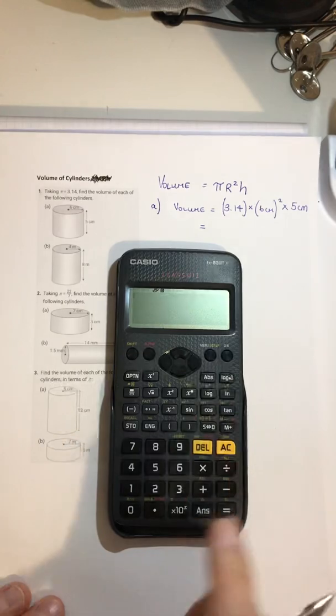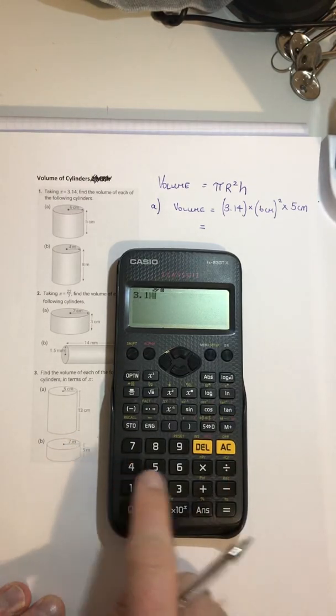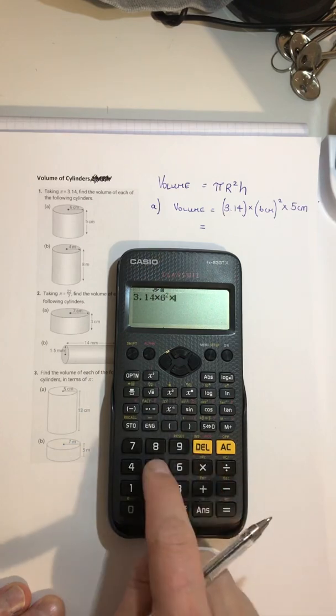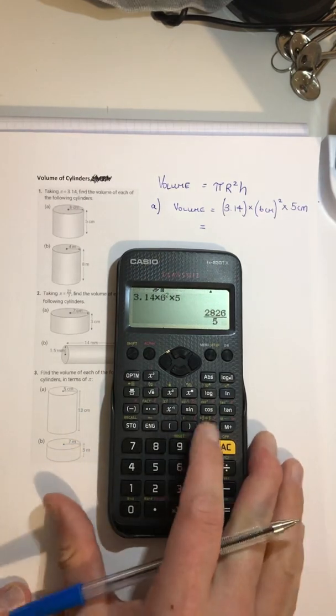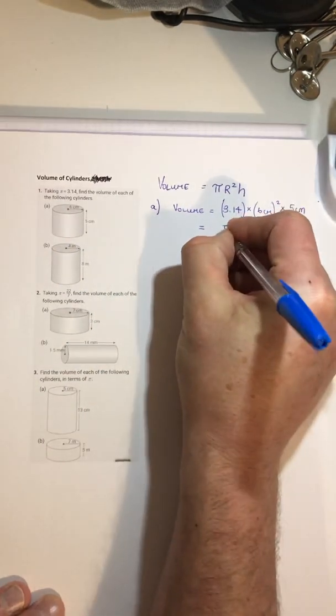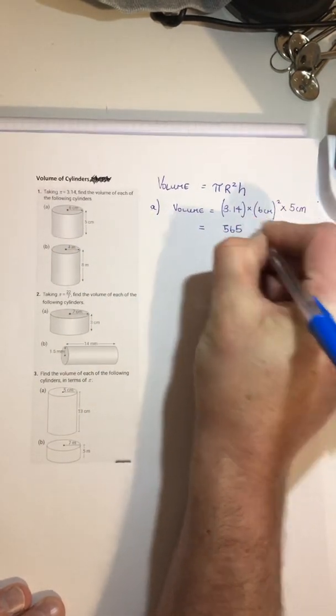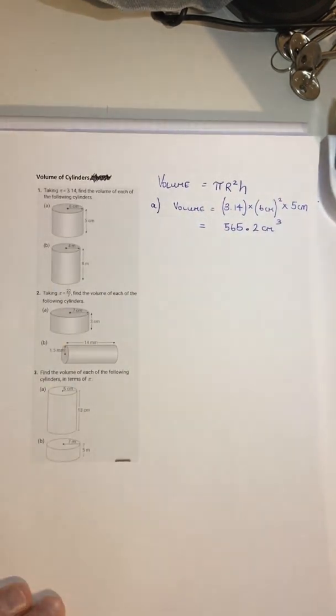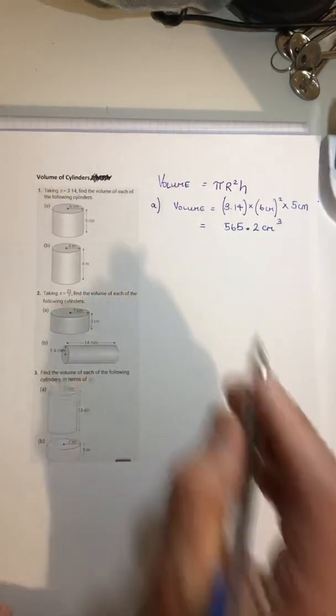So on your calculator, 3.14 multiplied by 6 squared multiplied by 5 is equal to, change it to a decimal, 565.2 centimeters cubed. Okay, so the volume, we're using the formula and we're substituting in the values.